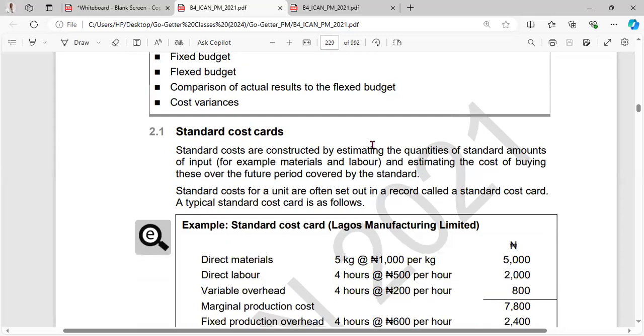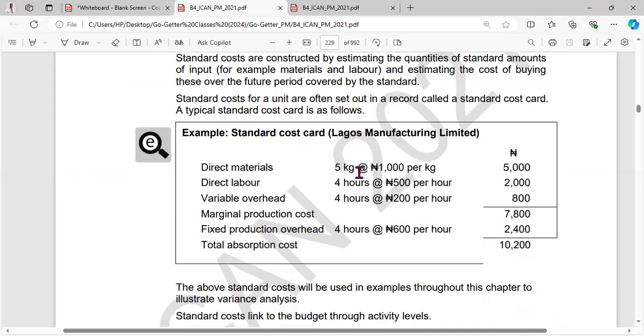Standard cost. We have said standard cost is for 1 unit. These are costs constructed by estimating the quantities of standard amounts of inputs into making a unit. And we've seen a standard cost card, right? So we have direct materials, direct labor, variable overhead.